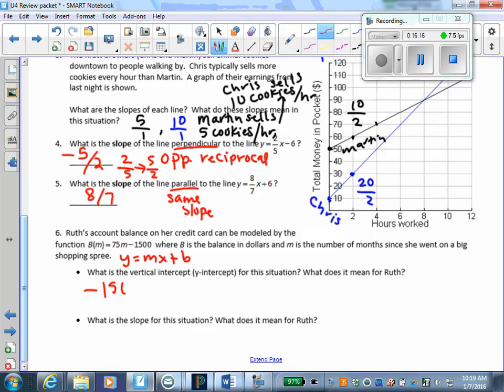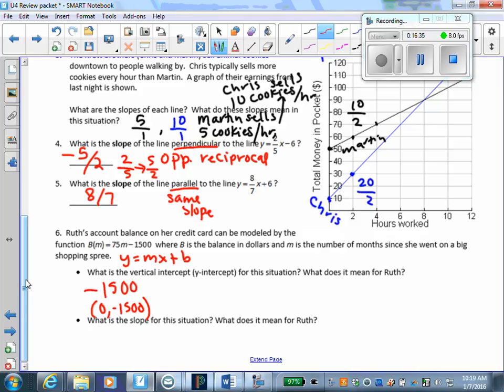Or we could write that as the point (0, -1500). What does it mean for Ruth? It's telling us when x is 0, or in this case when m is 0, so at 0 months, the balance on her credit card.